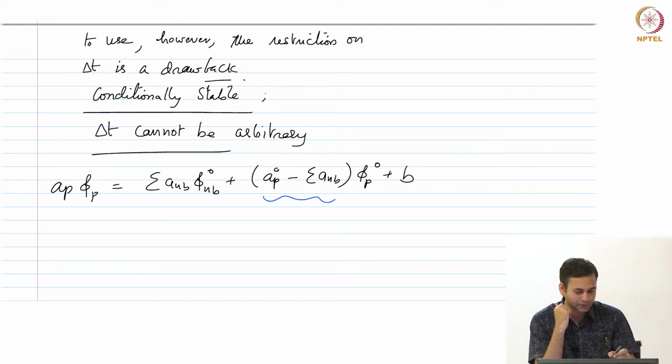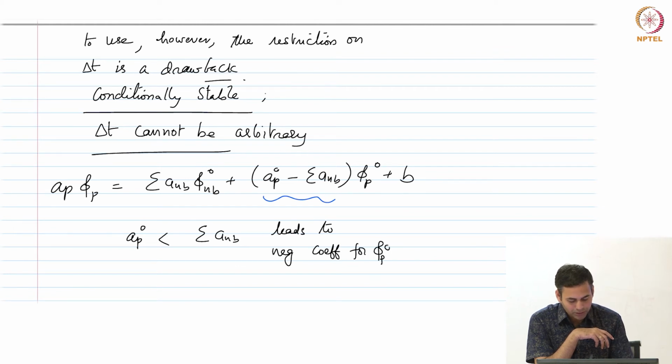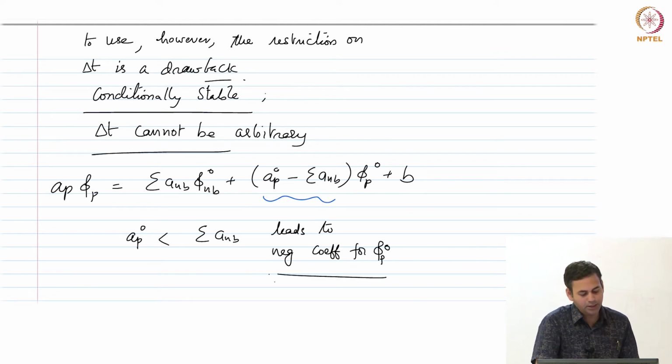It can. If a_P^0 is less than sigma a_nb, this would become negative. This leads to a negative coefficient for phi_P^0.